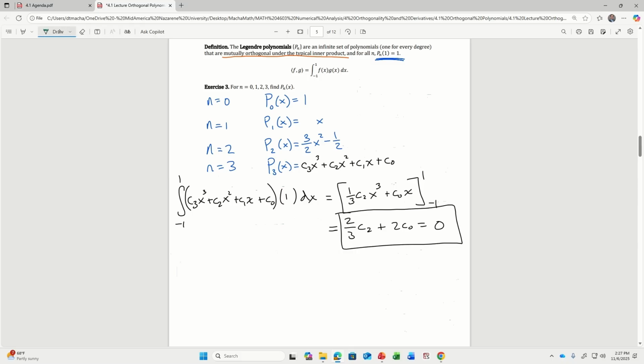Next up, we take the inner product between this Legendre polynomial of degree 3 and next the Legendre polynomial of degree 1. And whenever I multiply through by the x, now I'll have c3x to the fourth, which is 1/4 c3x to the fourth. No, x to the, sorry, fifth. My bad.